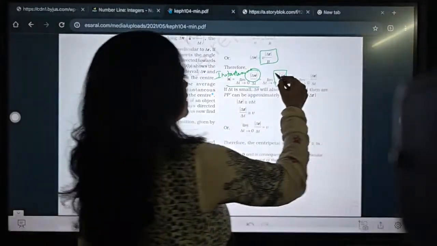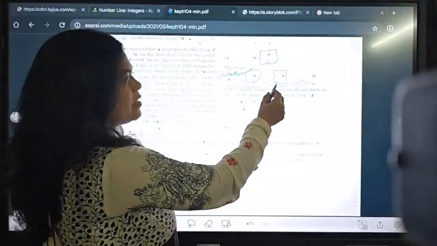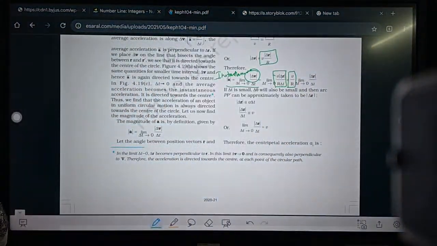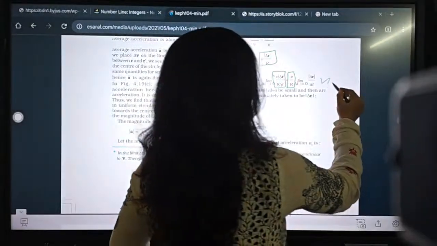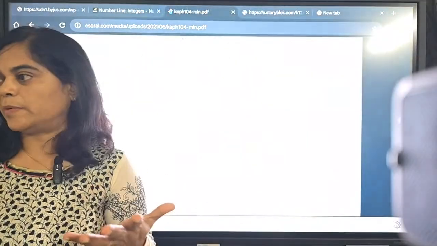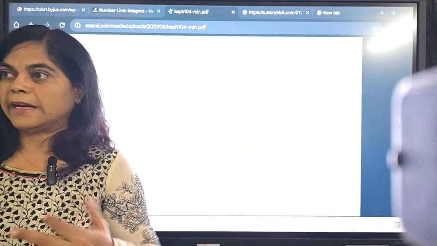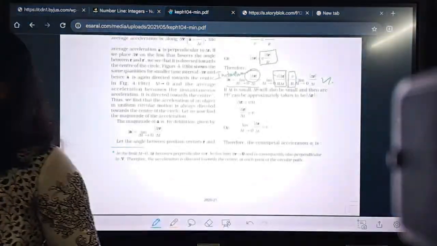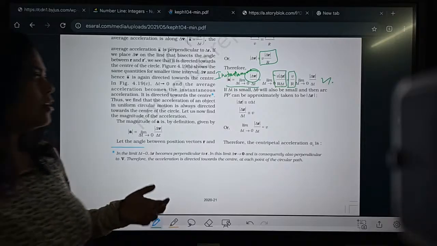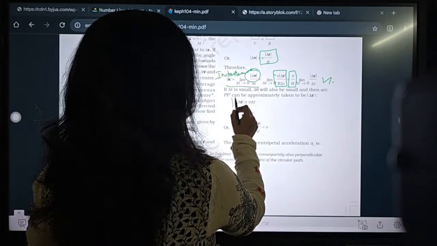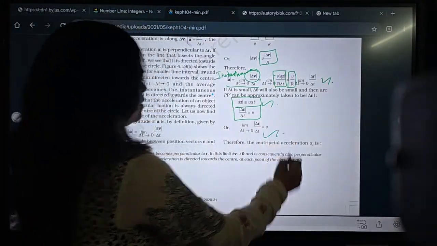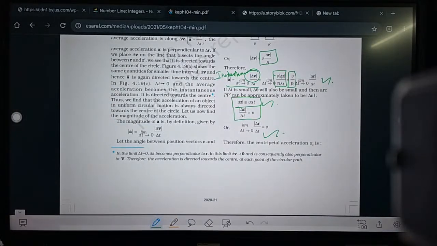This V is constant speed, right? R is also a constant radius. So we can take V and R outside. Then what is delta R by delta T? This delta R is a kind of distance or displacement, we can say. The rate of change of displacement is also a velocity, right? So you can consider this delta R by delta T is simply equal to V. Can we write like this? Is it clear for you?